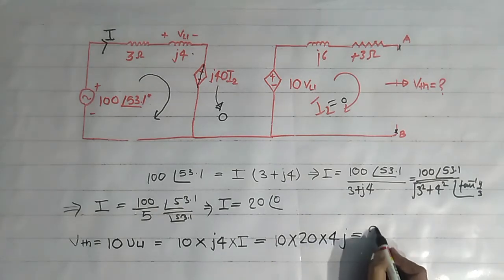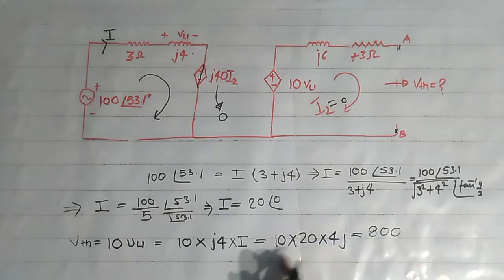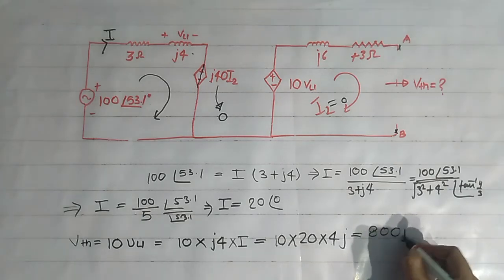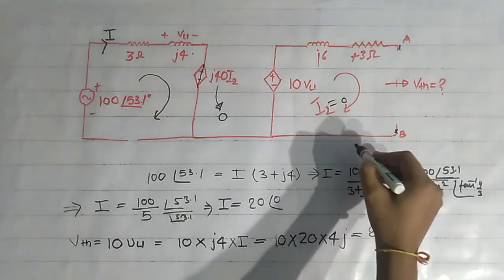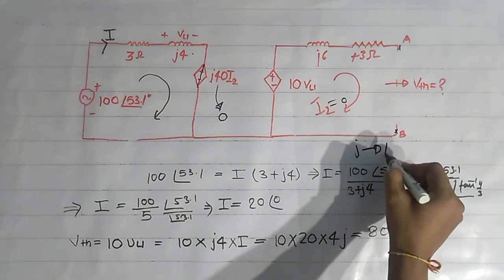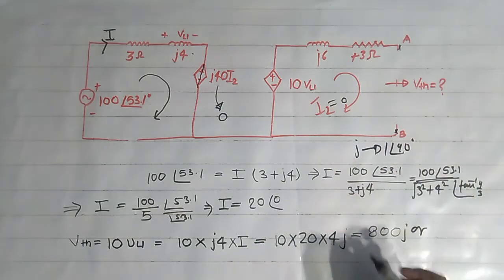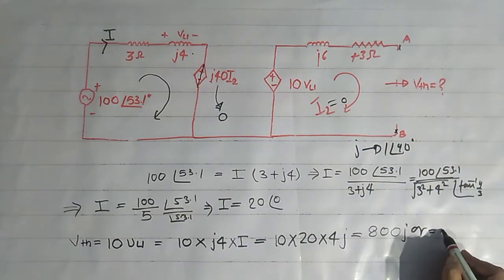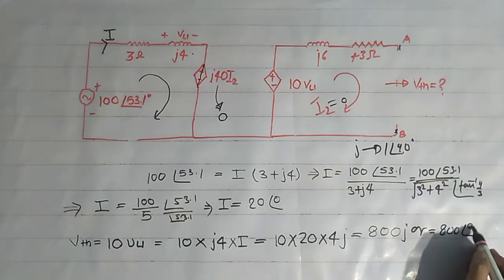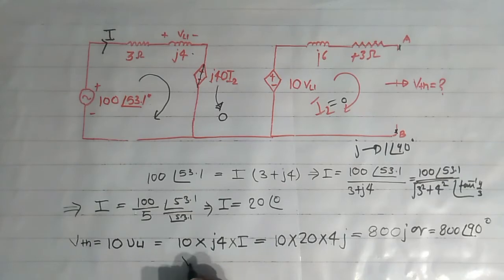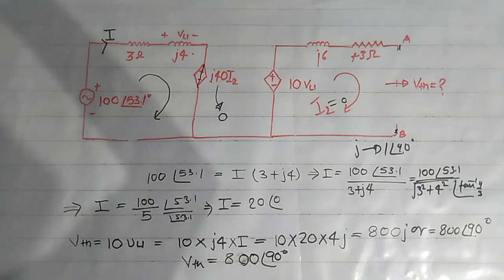So we get 800j, where j is equivalent to 1 angle 90 degree. So it is equal to 800 angle 90 degree. So VTH is equal to 800 angle 90 degrees. That is the answer.